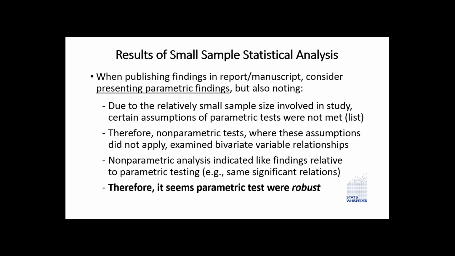Therefore, non-parametric tests were used to examine the bivariate relationships between the predictors and the dependent variables. Non-parametric analysis indicated like findings, the same statistically significant relationships. Therefore, it seems that the parametric tests were robust. That's a tremendous use of the non-parametric tests. We're saying even when the assumptions weren't present, we got the same findings as when the assumptions were present in the parametrics, but maybe slightly violated.